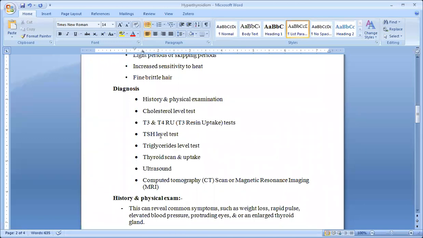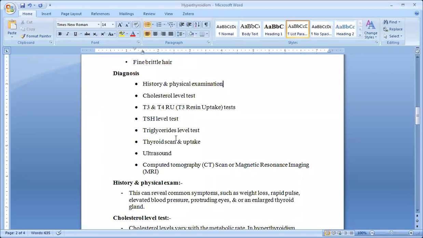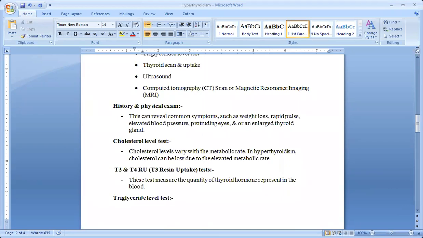TSH level, thyroid stimulating hormone level test. Triglyceride level test. Thyroid scan and uptake. Ultrasound, CT scan, MRI. Too many diagnostic tests are there. We will see one by one. First, we will see the history and physical examination.